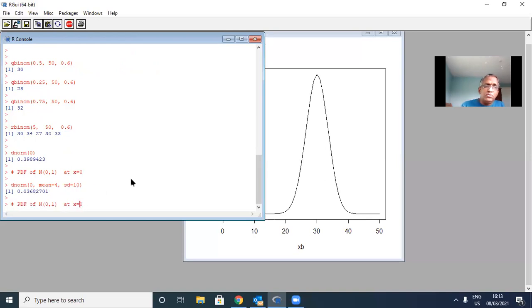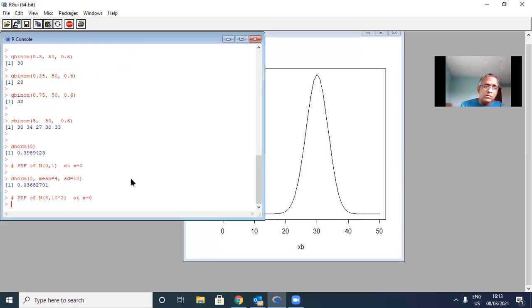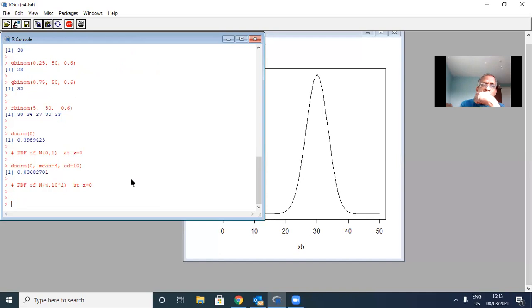So it computes the PDF with mean equal to 4 and variance equal to 10 to the power 2. So that's what you get. Mean specifies the mean parameter of the normal distribution, and sd specifies the standard deviation, in other words, the square root of the variance.